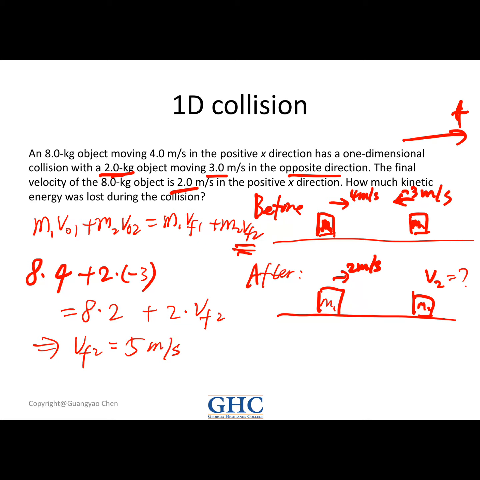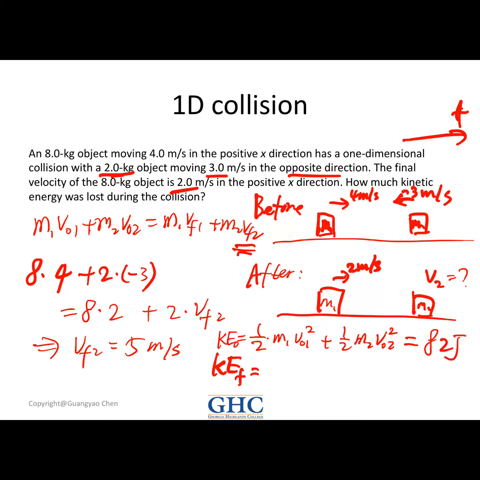So we want to know how much energy is lost during the collision. So you need to find the kinetic energy before the collision, which is 1/2, let's call it KE0, times m1 v01 squared plus 1/2 m2 v02 squared. I think if we plug in all the numbers we find it is 82 joules.